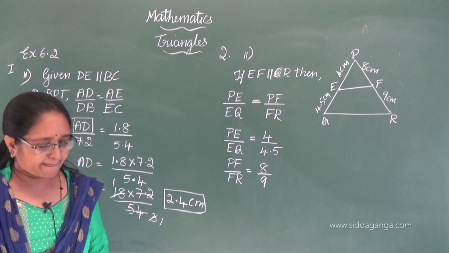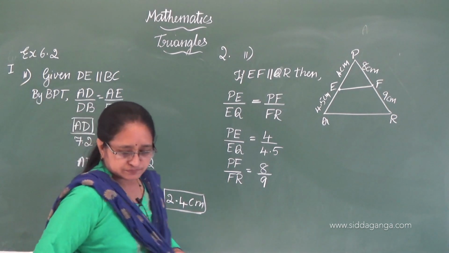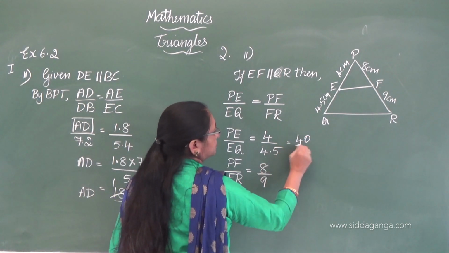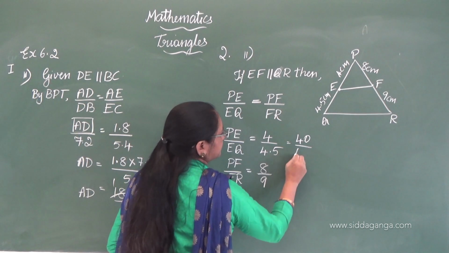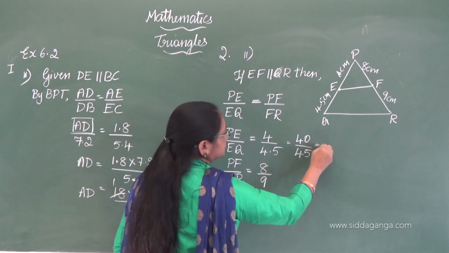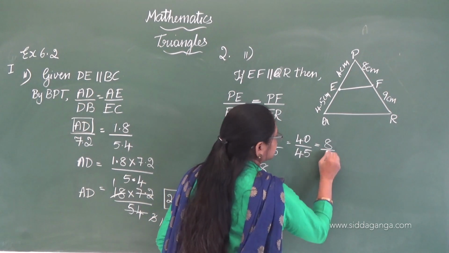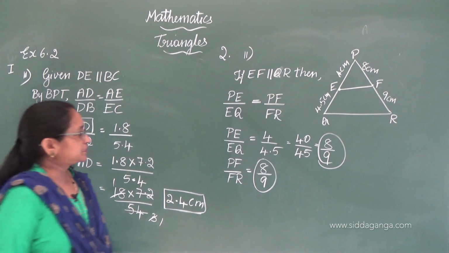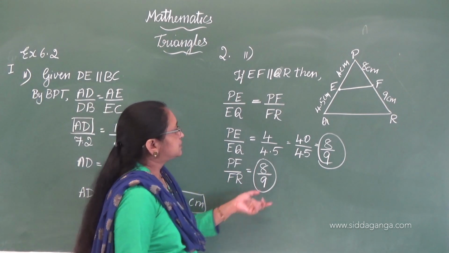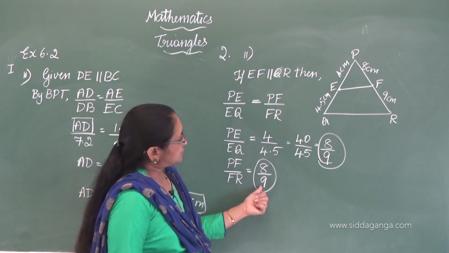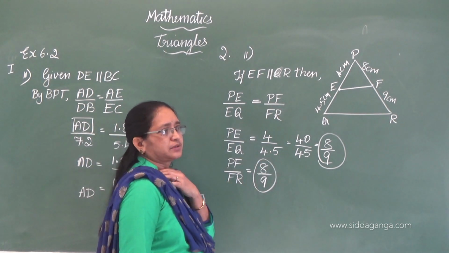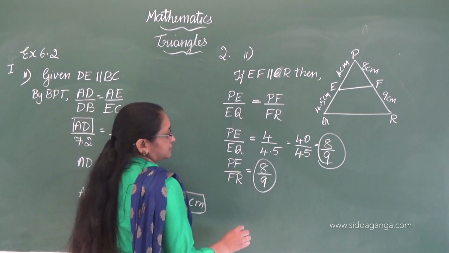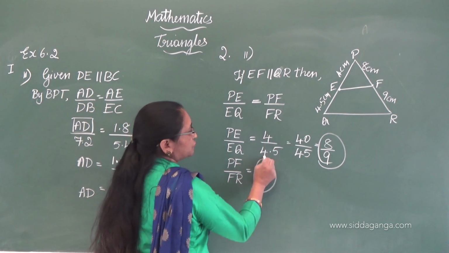So find out if it is the same. If I remove the decimal point, it is 40 by 45, so this will be 5 8s are 40, 5 9s are 45. PF by FR is 8 by 9. So these are equal fractions. Now 8 by 9, 4 2s are 8, 4.5 into 2 is 9.